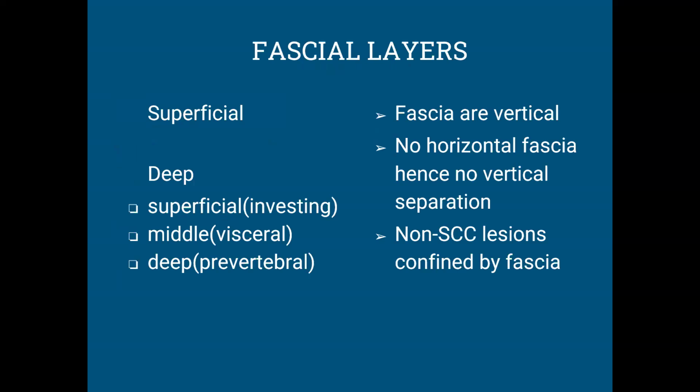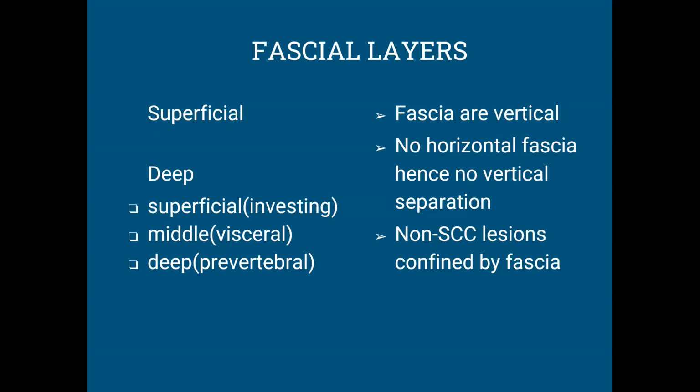If you look at the fascial layers, we have the superficial and the deep fascial layer. Further, the deep layer can be divided into the superficial part, which is also known as the investing layer, the middle part, which is known as the visceral layer, and the deep part of the deep cervical fascia, which is known as the prevertebral fascia.